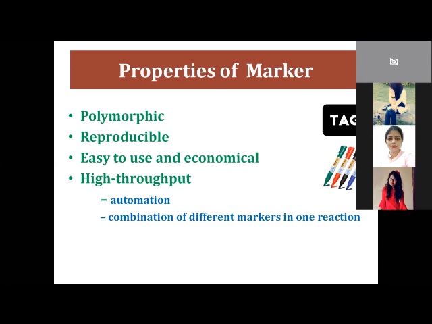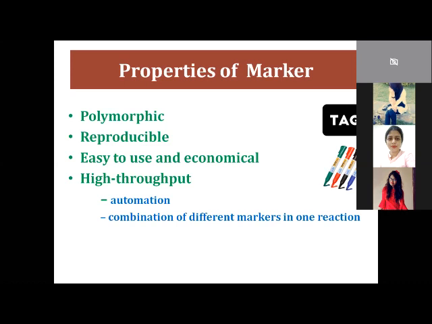Now next is easy to use and economical. Whatever marker we are using for identification or any other purpose should be easy to use, so that anyone can use it. It should not require heavy infrastructure or high expertise.